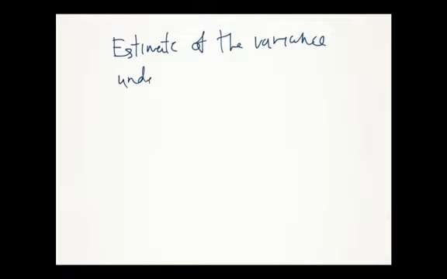That is to say, the estimate of the variance under the null is as follows.